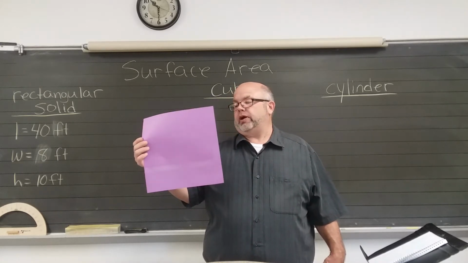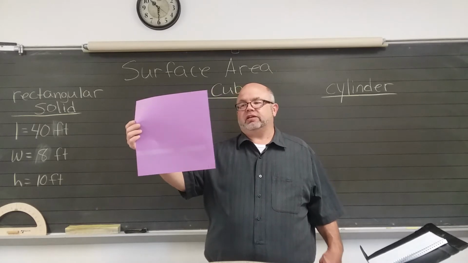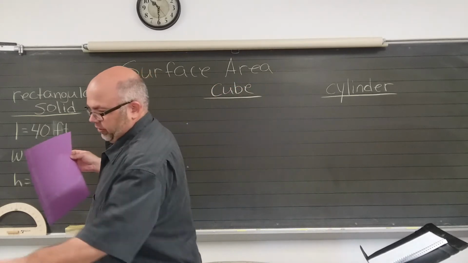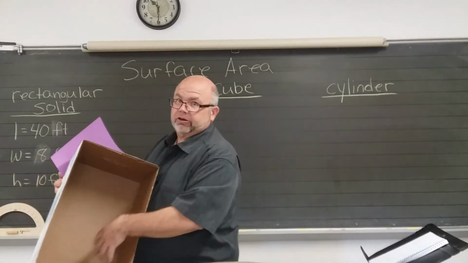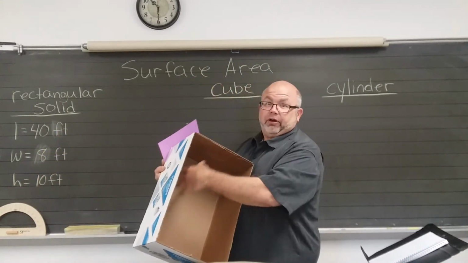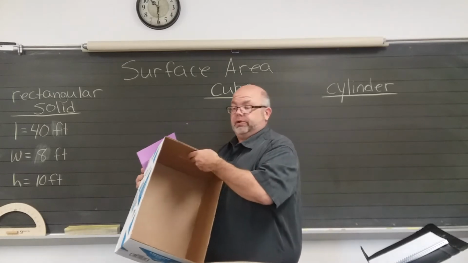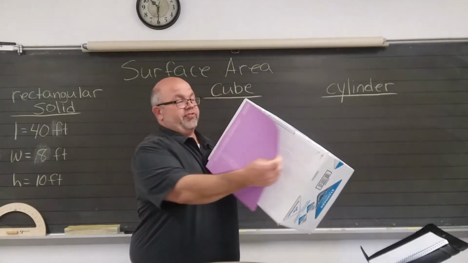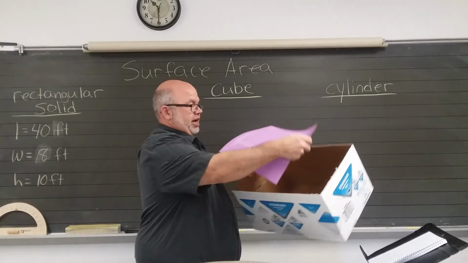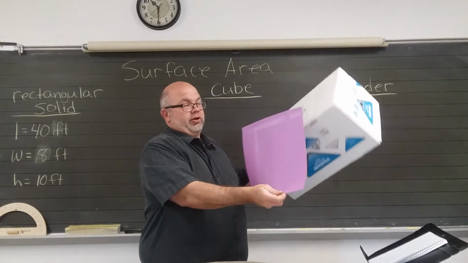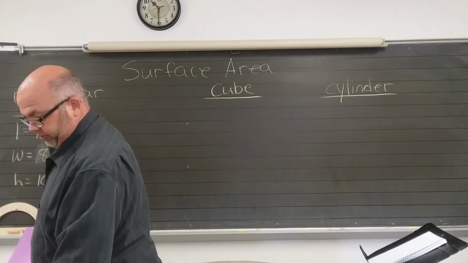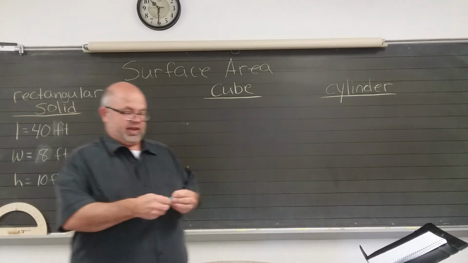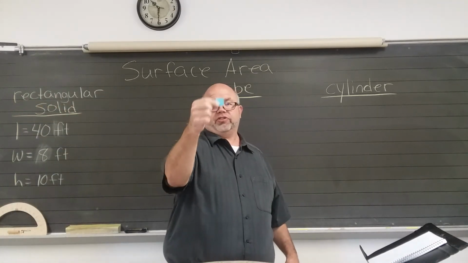But how many square feet cover the outside of this? It is not concerned about how much space is inside or how many cubes it holds, but it is simply saying how many of these cover the outside. Or if the label is inches, then it is how many of these little squares cover the outside of a figure.